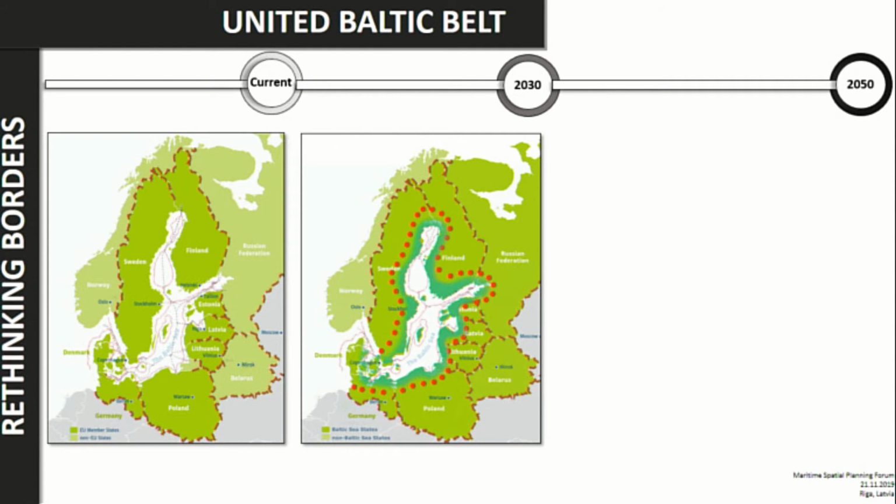We will answer questions that we are now raising in the land-sea interaction. However, this Baltic belt will have a unified regulation between all Baltic Sea states. Also, the Baltic belt will be managed by the Baltic Sea states, and the plans will also be monitored and implemented by the Baltic Sea states.